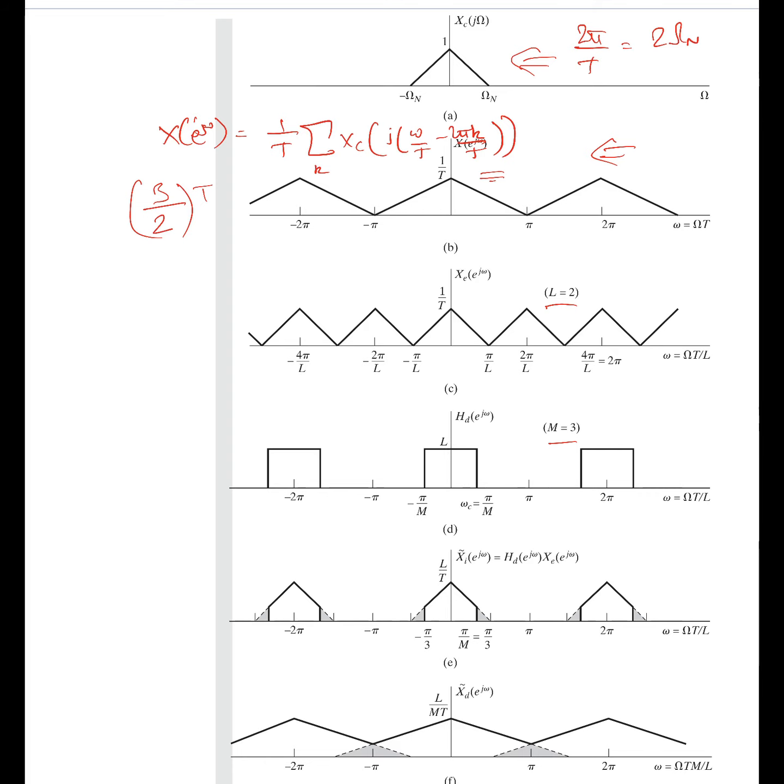Since this implies a net decrease in the sampling rate, and the original signal was sampled at the Nyquist rate, we must incorporate additional band limiting to avoid aliasing, because here we have M greater than L.